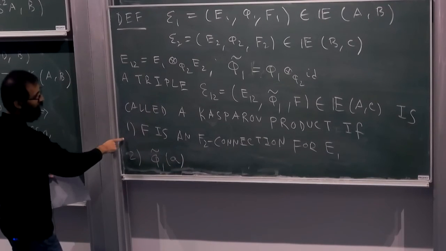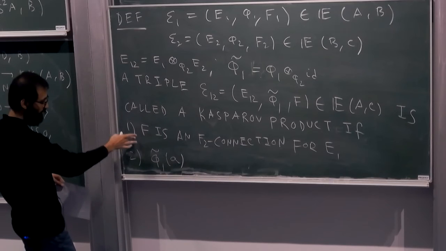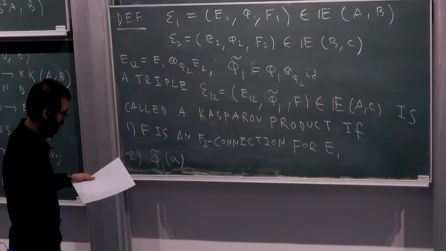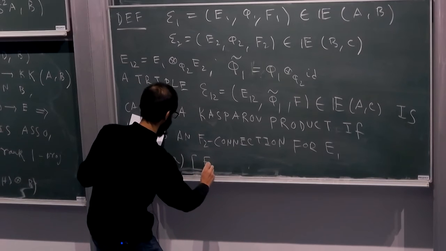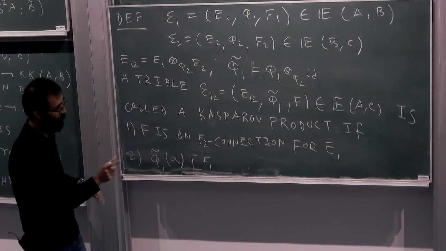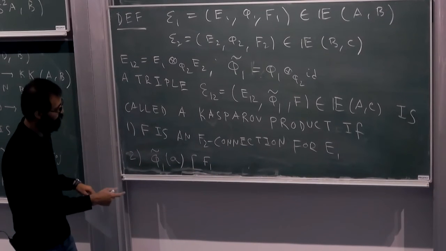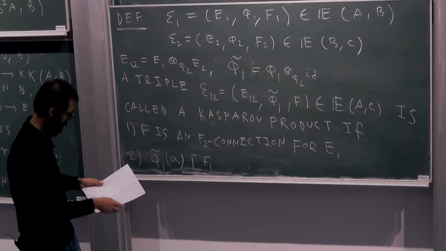So this one says that E is needed for the existence, and this one should be uniqueness. So we would want the first part of the F to be F1 tensor identity, something like that.